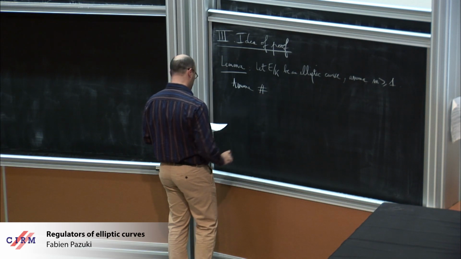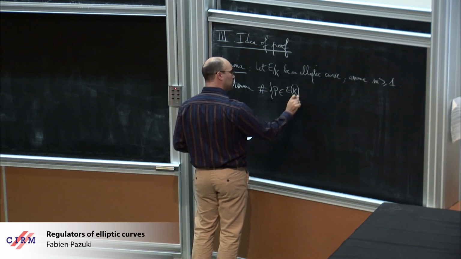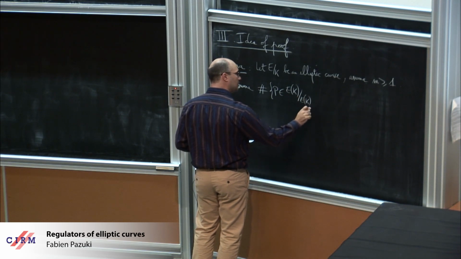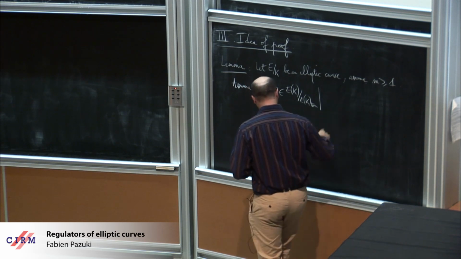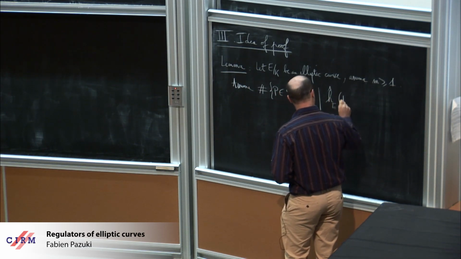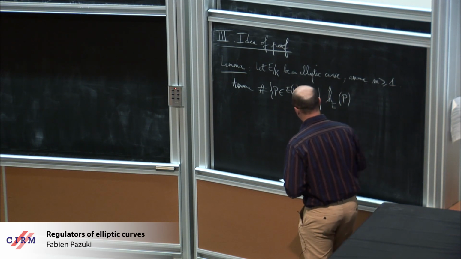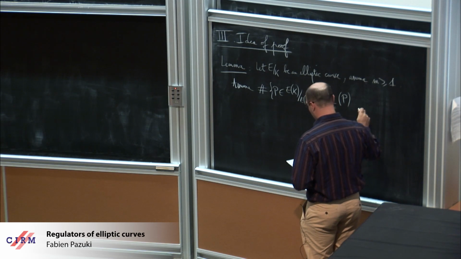So you assume this, and then assume as well that the number of rational points modulo torsion and with bounded height, so this is the Néron-Tate height, which is also the one that we use to define the regulator.